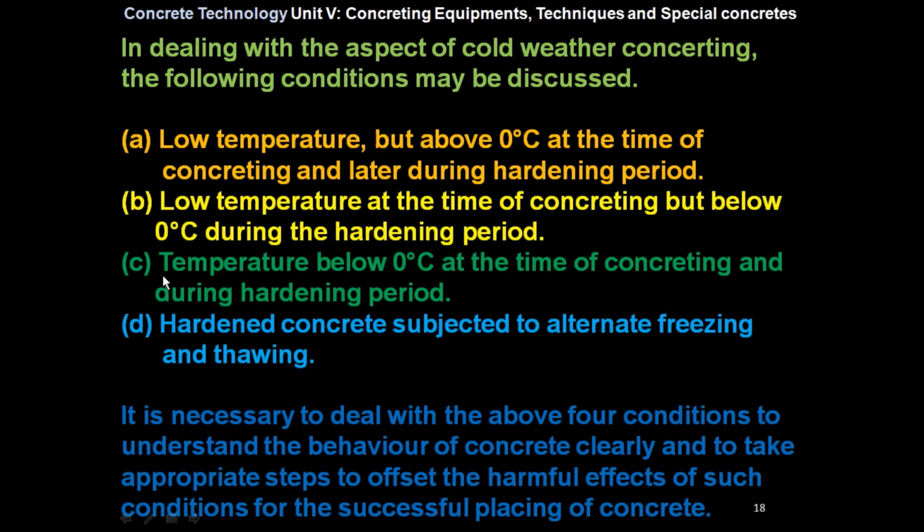Third is temperature below 0 degrees Celsius at the time of concreting and during hardening period. And fourth is the hardening concrete subjected to alternate freezing and thawing. It is necessary to deal with the above four conditions to understand the behavior of concrete clearly and to take appropriate steps to offset the harmful effects of such conditions for successful placing of concrete.